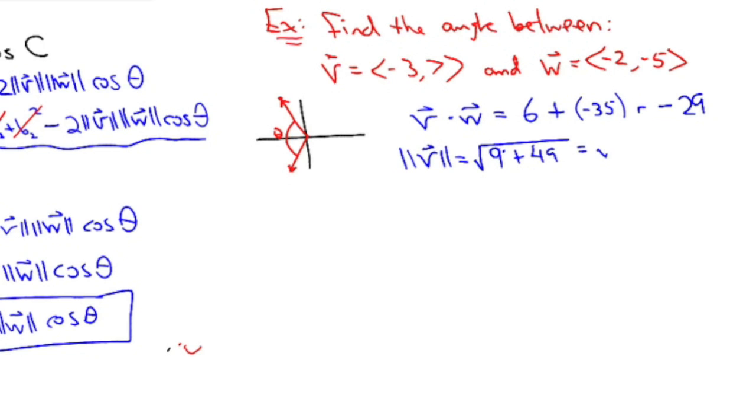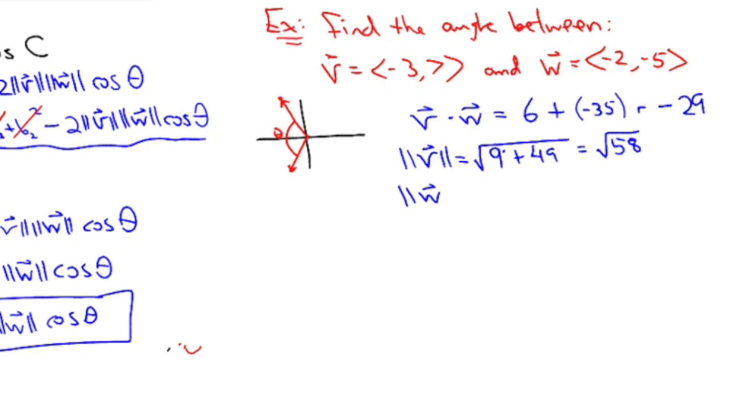So the magnitude of v is the square root of 58. Does it break down? 2 goes into 58 how many times? 29, and 29 is prime.